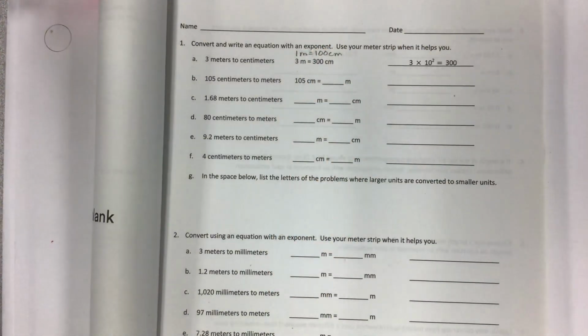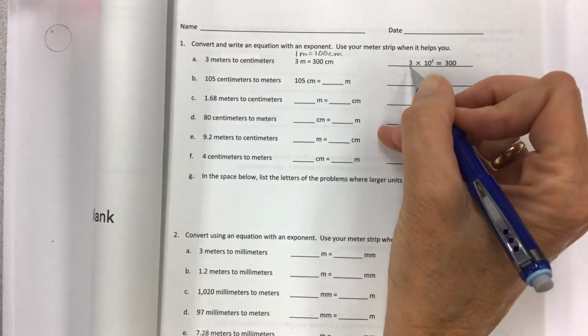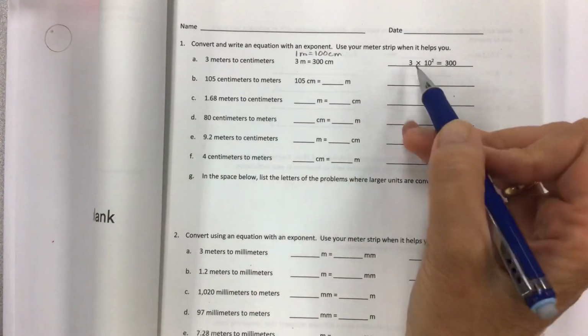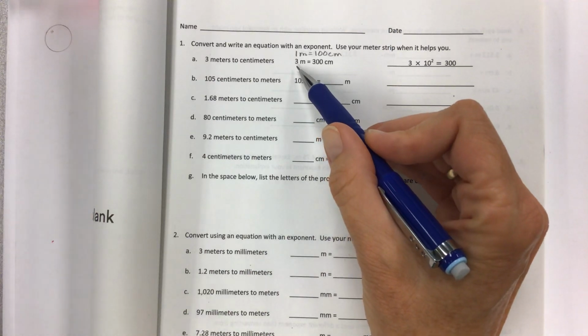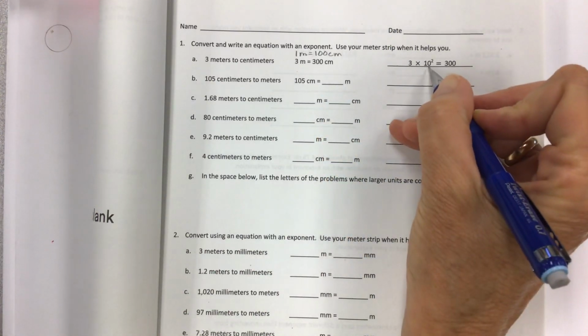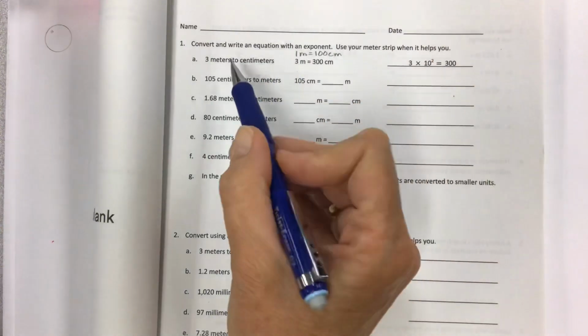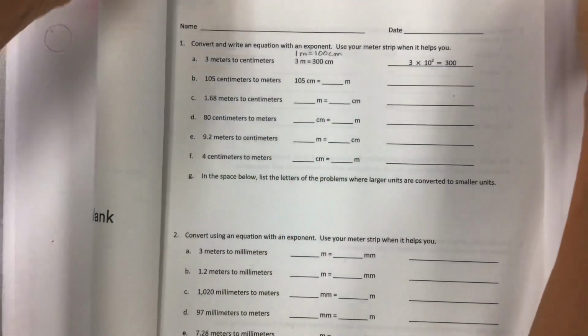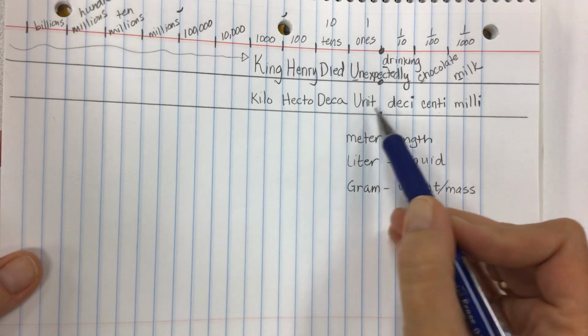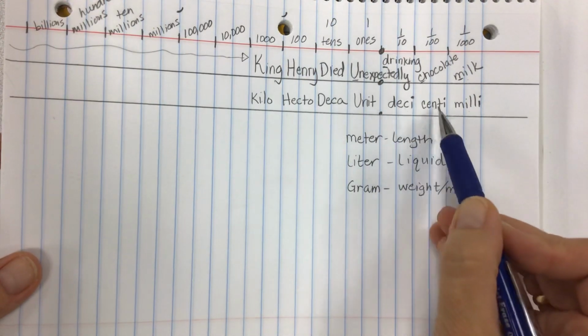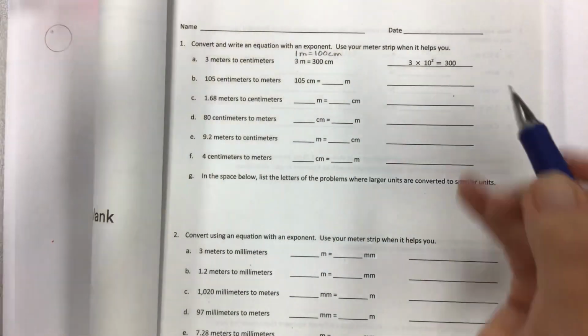Remember, it's always nice to know how many are in 1. And so then you take this apart and you have your 3 because that's how many meters you have. And you have your 10 squared because you're changing 2 place value positions from meters here in the units to centimeters, which is 2 positions over.